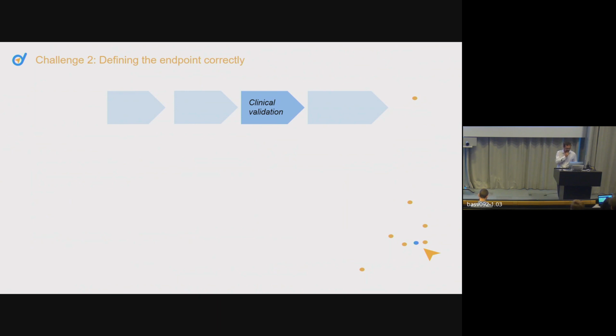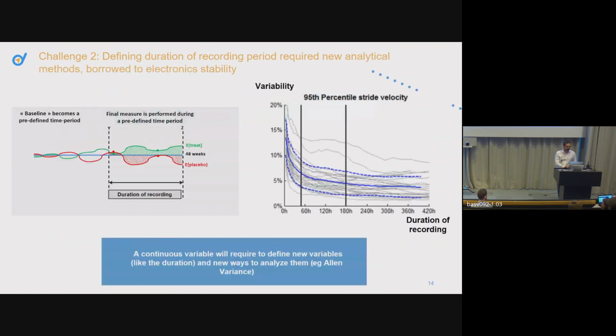bit serious sometimes, right? Clinical validation is the other one, which offers a second challenge. The second challenge that we don't necessarily have when you look at in-clinic tests or patient or physician reported outcomes is that what's meaningful is when I measure not over a short period of time, but when I'm increasing my period of measurement.